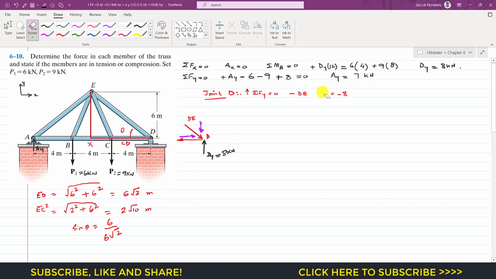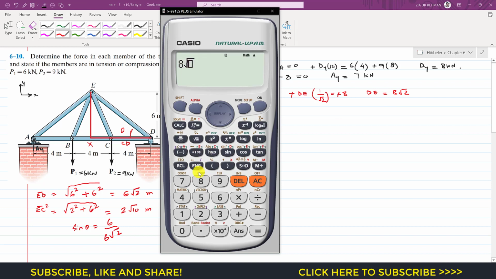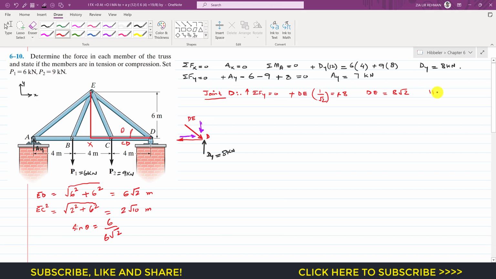So sine theta is 1 by square root 2, and the minus sign will cancel out. So from this we can say that DE force is equal to 8 square root 2, and 8 square root 2 gives us 11.314. We can say that it is approximately 11.31 kilonewton.